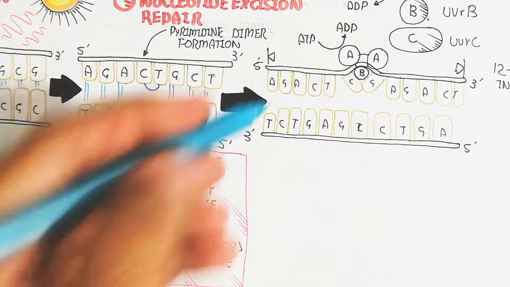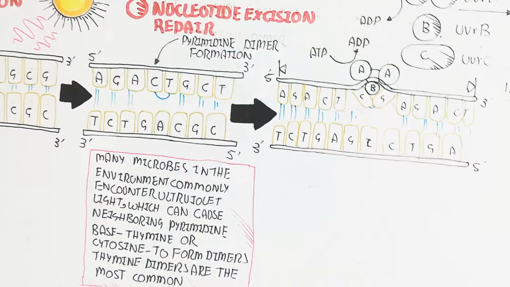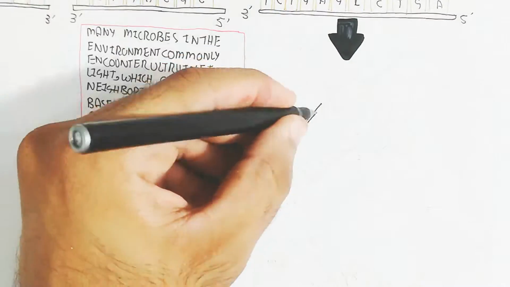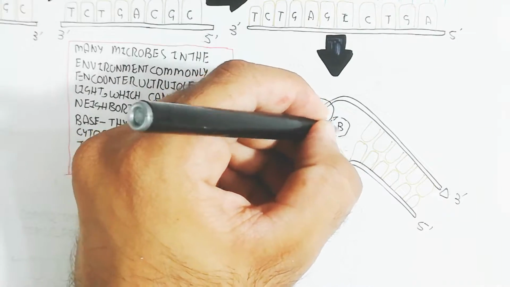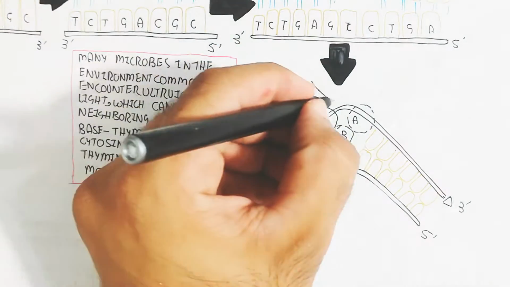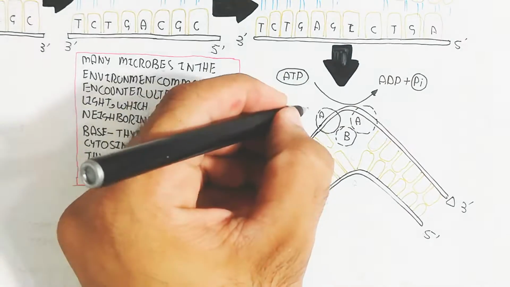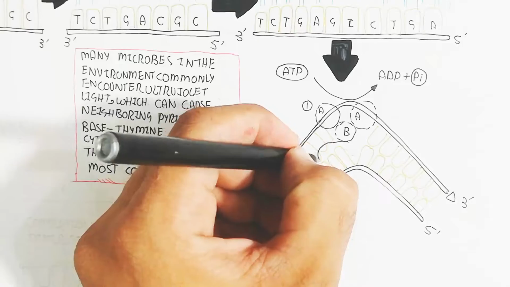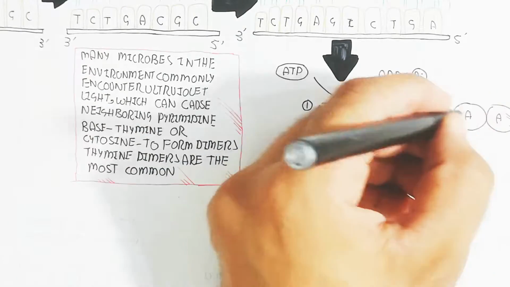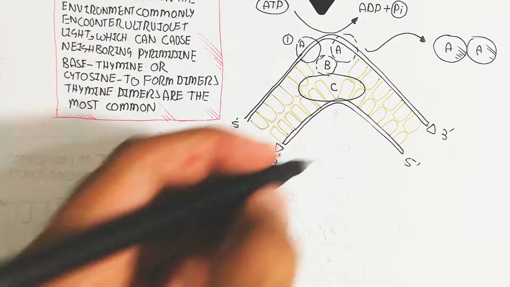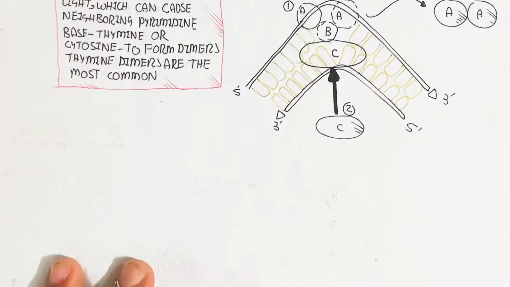Hydrolysis of the ATP leads to the combination of UvrB and UvrA, and this involves 12 to 30 nucleotides. Further ATP hydrolysis is used, and the A subunits are released while the C will bind.